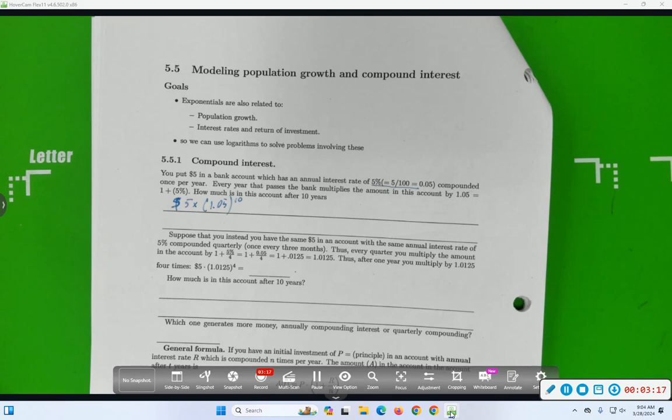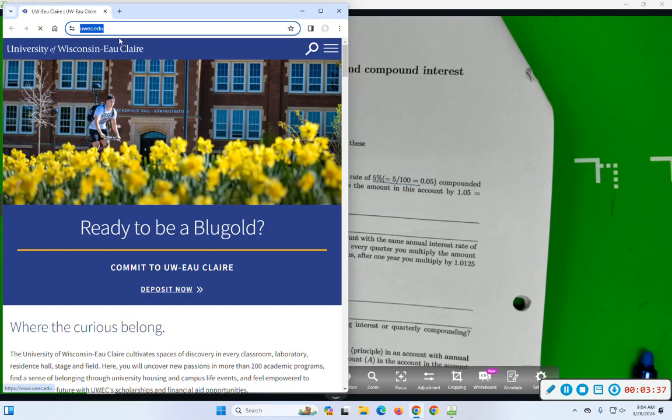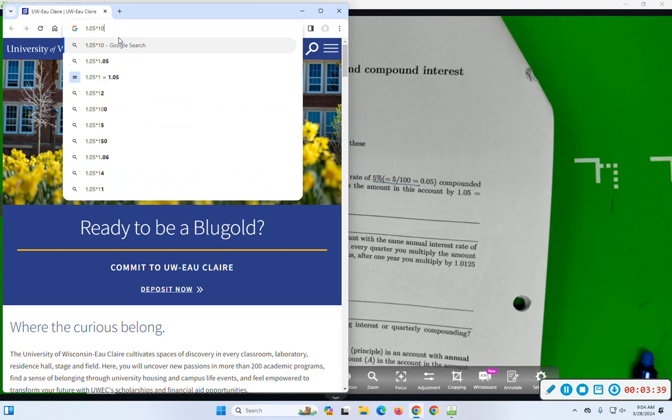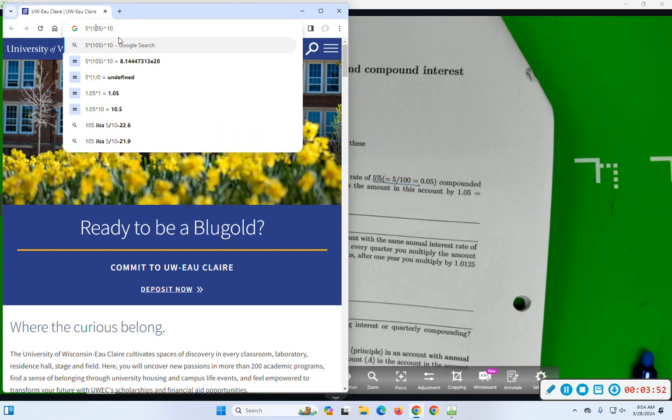And if you wanted to know how big that is, well, raising something to the 10th power is basically at the edge of what is reasonable to do without a machine. So if you want to compute this, let's just see how much is in that account after those 10 years. There we go.